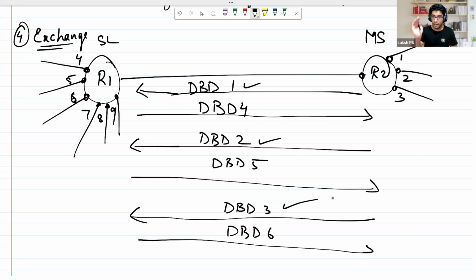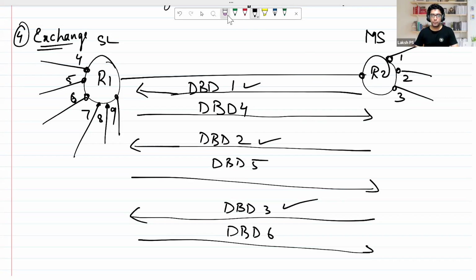The master has less links and the slave has more links. The master has completed sharing all its DBDs. However, slave still has more DBDs to exchange, but the slave cannot send the DBDs until and unless master sends a DBD, right? So here in this case, how is R1 going to share the DBD about 7th, 8th, and 9th link to R2?